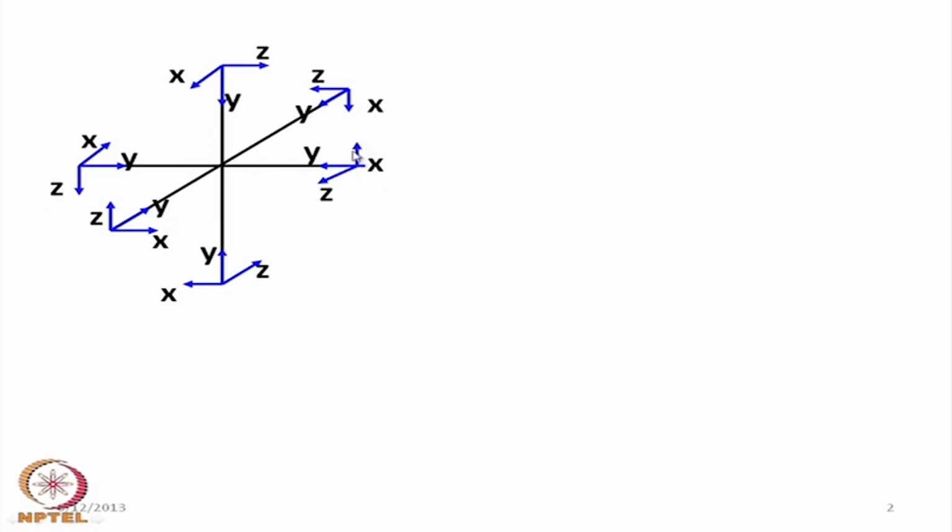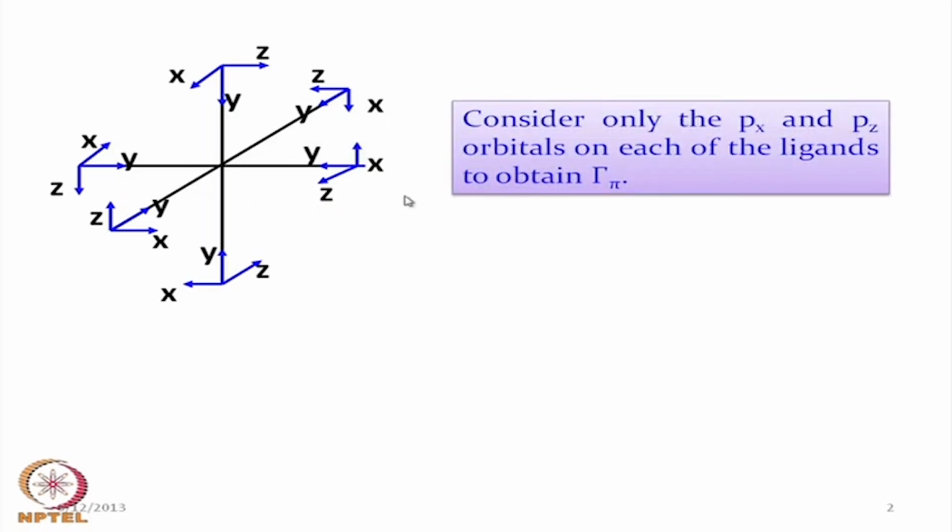So, the other two orbitals, the px and pz, which are perpendicular to this y axis for this individual ligand system, are considered for the sideway overlap for the pi interactions with the metal ion orbitals. So, we consider these two orbitals on each of the 6 ligands. Altogether we will have 12 orbitals.